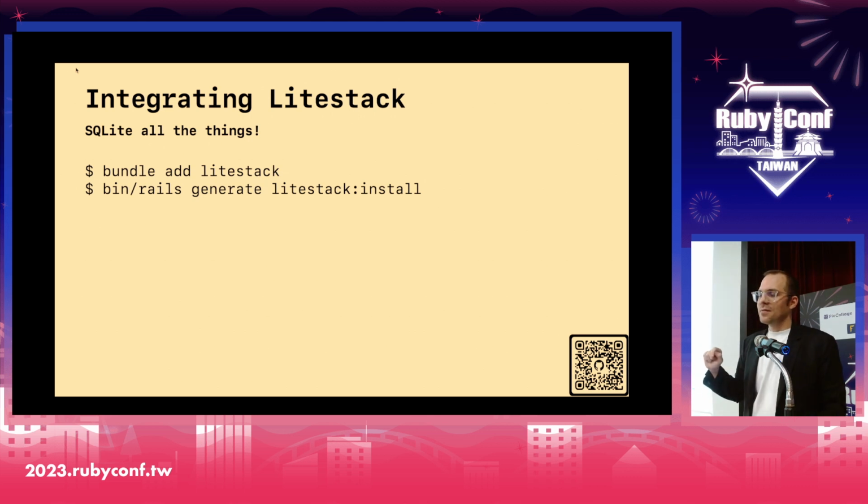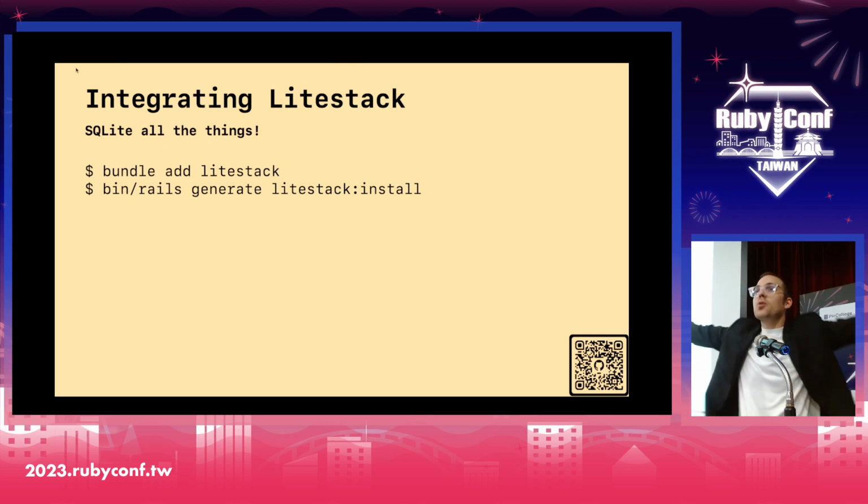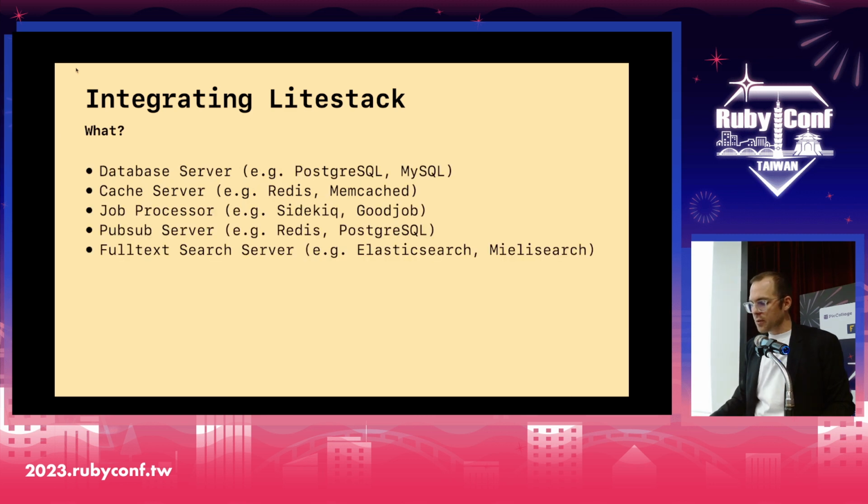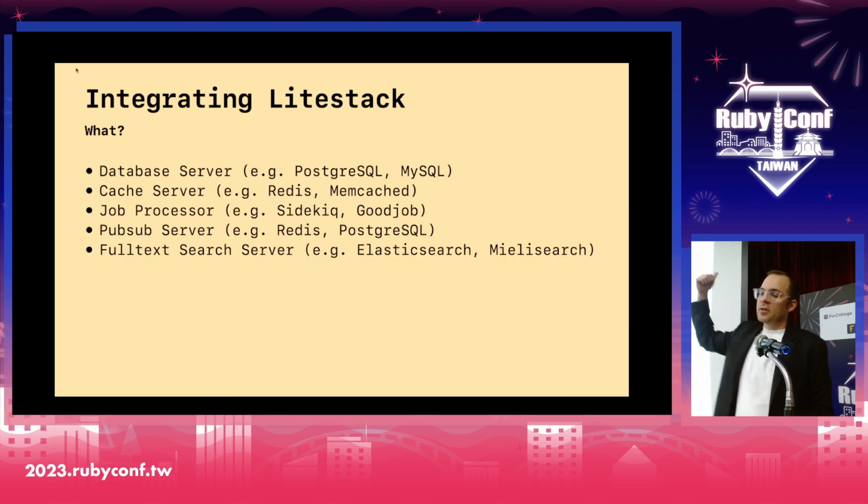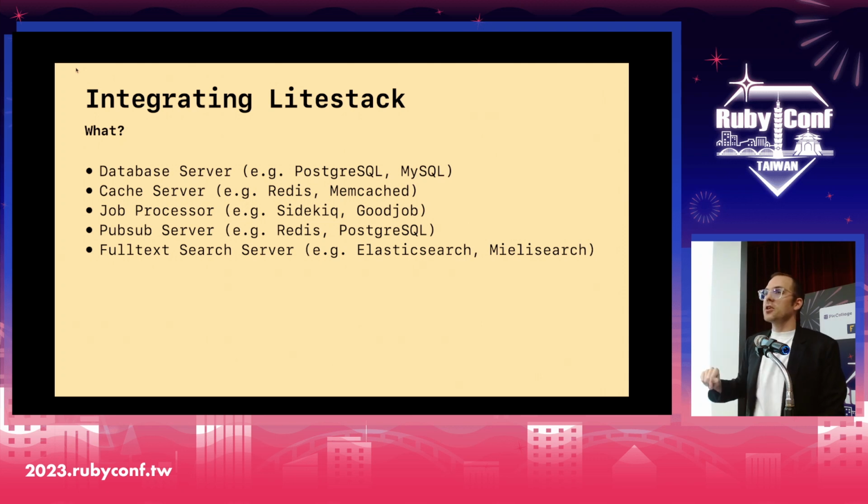Lightstack allows you to SQLite all the things. What are all the things? Database server, cache server, job processor, pub sub server, full text search. Every single Rails component that requires some degree of persistent data, you can back that with a SQLite file.